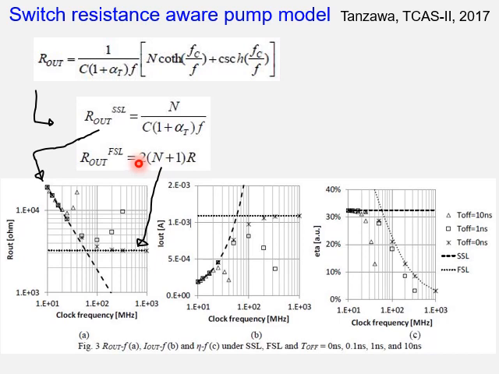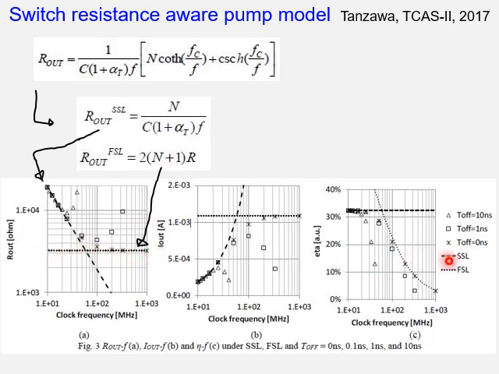So if you average over one cycle time, then the equivalent resistance should be doubled. So this is the fast switching limit output impedance, and this line shows this.